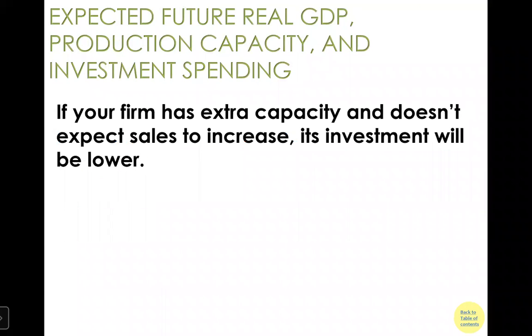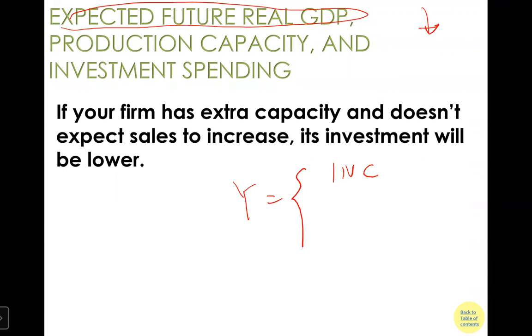Second factor, actually we bring together, right? If the business expects future real GDP to decline, what does this mean? First of all, let me remind you: you can think about why is the income, the expenditure, the product. If we are expecting future GDP to decline, one way to think about it is the future expenditure is going to decline, and future income is going to decline.